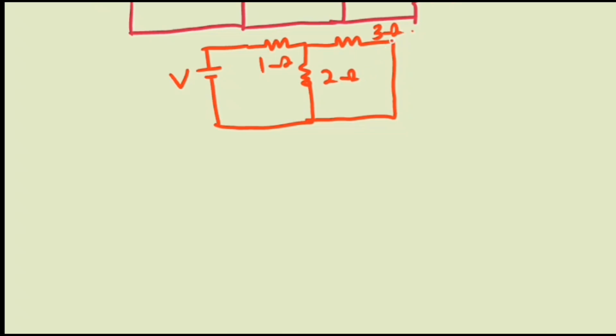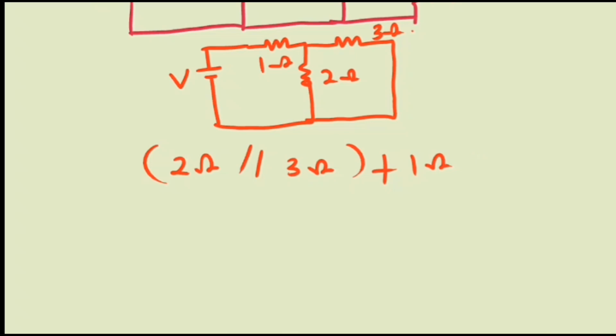So you realize that these two resistors have a node in between them here at this junction, so they can never be in series. Besides, when you traverse through them like this, you are going to meet only the two resistors in this circuit. So you are going to have the 2 ohm resistor being in parallel to the 3 ohm resistor. Then together they will be in series to the 1 ohm.